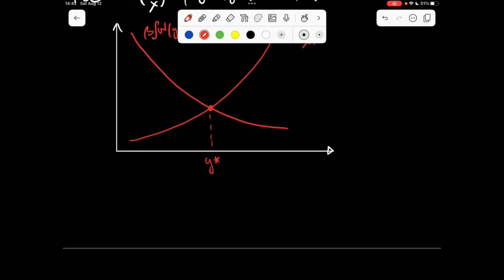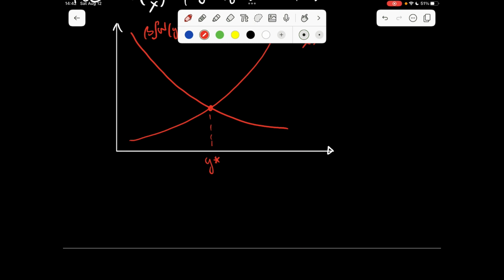Any change in x affects the position of the marginal cost function with any given y. An increase in x reduces the argument in the marginal cost function, and because of the strict convexity, any drop in the argument of the marginal cost function triggers a reduction in the marginal cost.